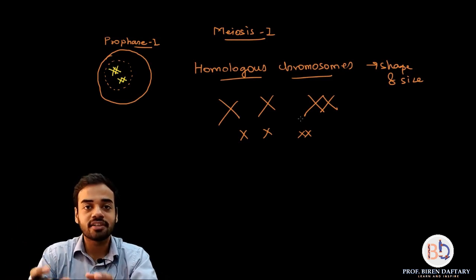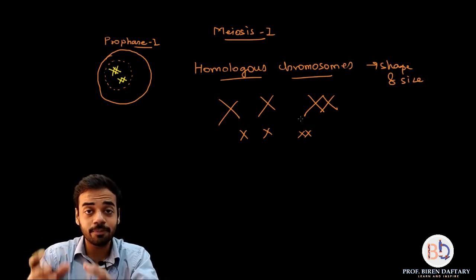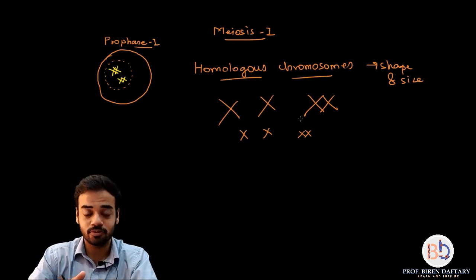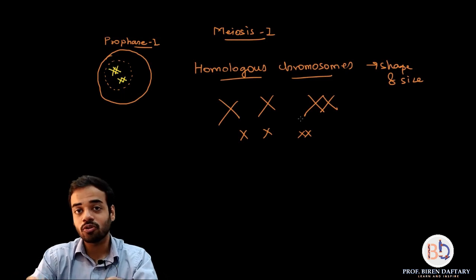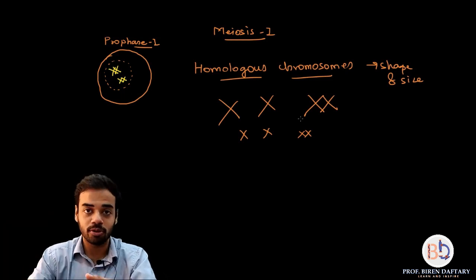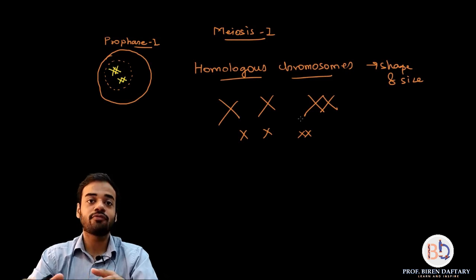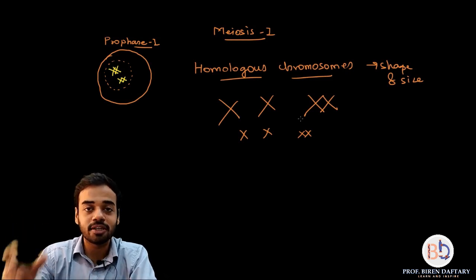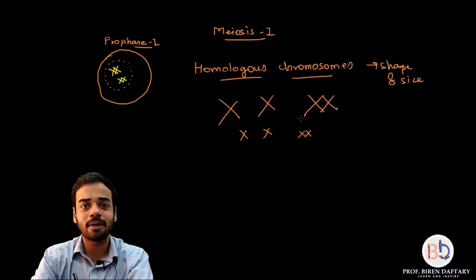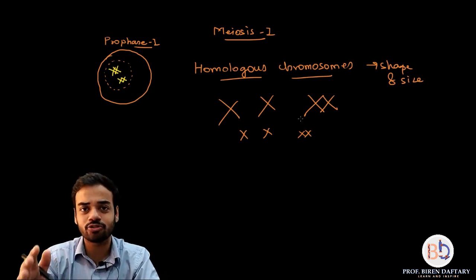Now whenever we study meiosis 1 and prophase 1, prophase 1 is further divided into 5 steps. In this video I am not going to go into that detail because then it will be confusing for people who don't know about meiosis. If you need that, I will make a separate video on the stages of prophase 1. There is leptotene, zygotene, pachytene, diplotene, diakinesis, all those stages are there.